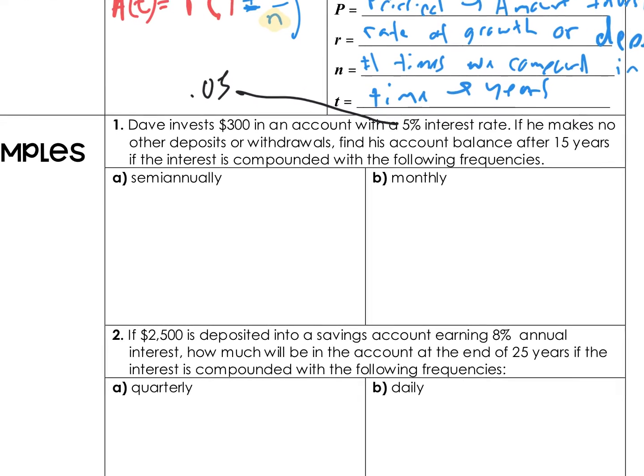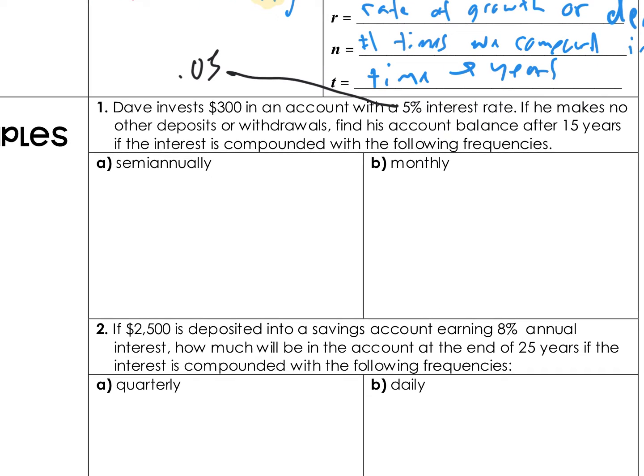No other deposits or withdrawals. So the money's going to sit there in this account collecting dust. But fortunately, because there's a 5% interest, it's also collecting some change. And he's going to keep that there for at least 15 years. We're going to find out how much he has.